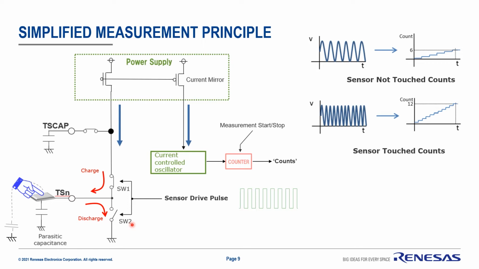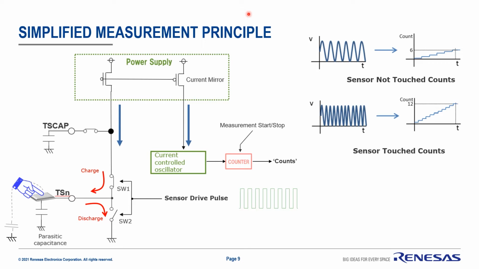The series of pulses is referred to as the sensor drive pulse and operates at a frequency to ensure full charge and discharge of the sensor by the power supply.